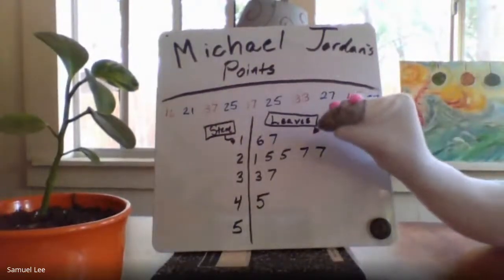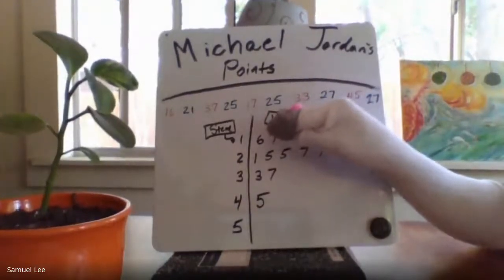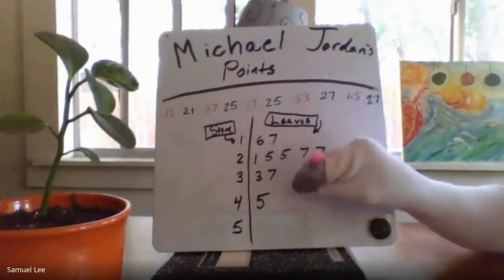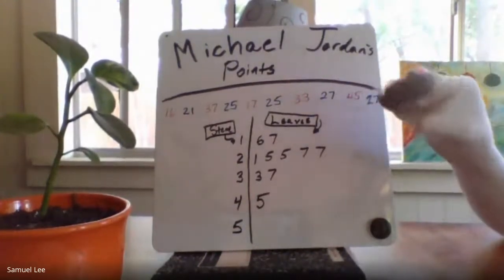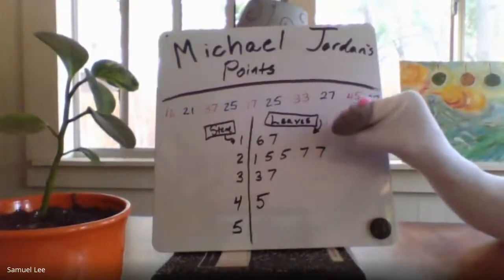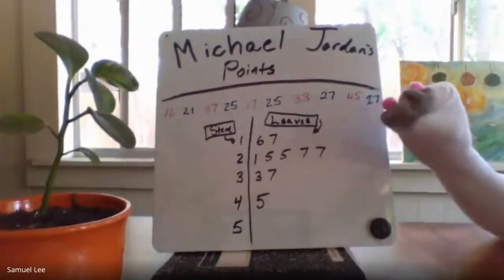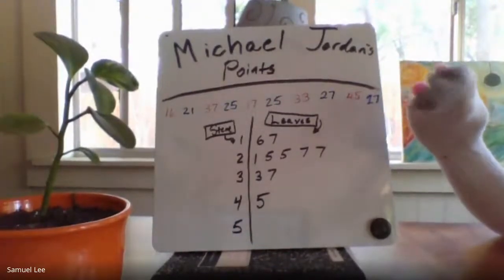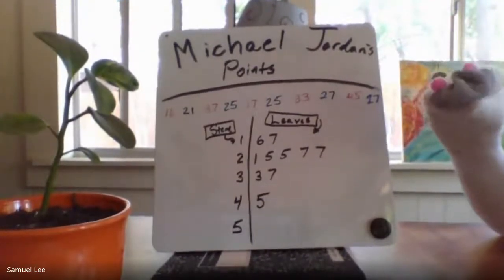The first number is the stem. If you look over there, my arm cannot reach any further. That is the stem: 1, 2, 3, 4, 5. And the leaf is the second number. So you see here under 1, it says a 6 on the other side. So that is the second number. First number 1, second number 6, which is 16.